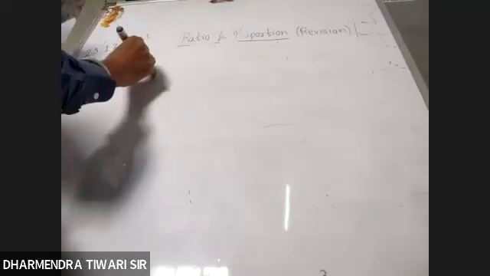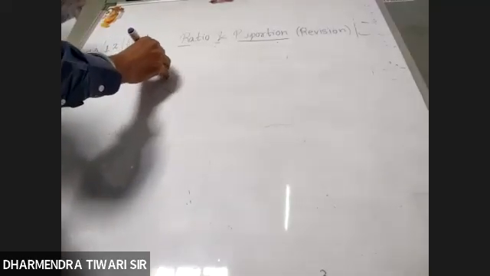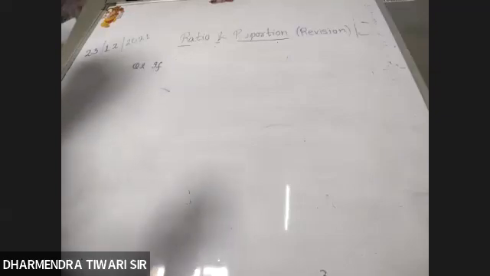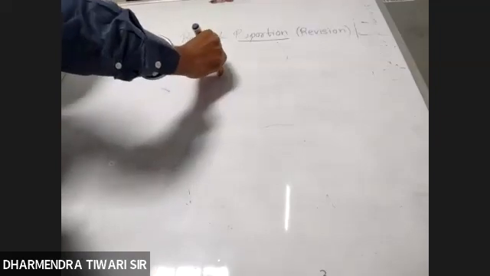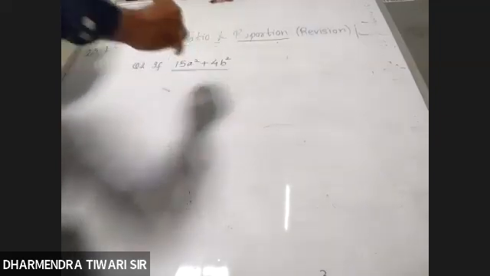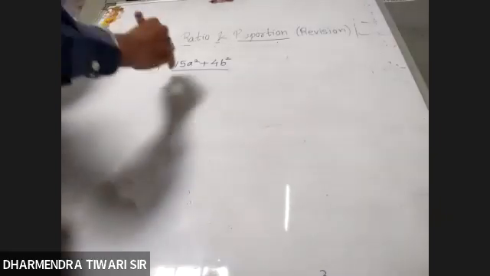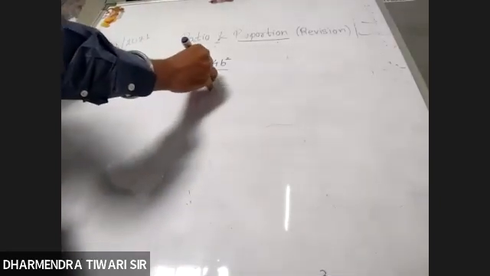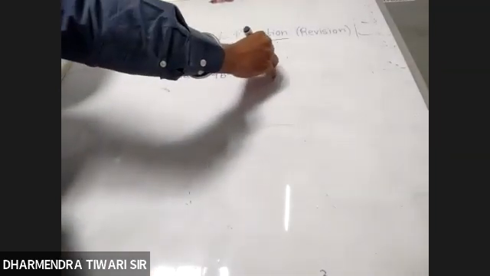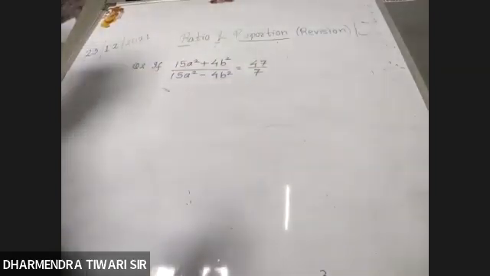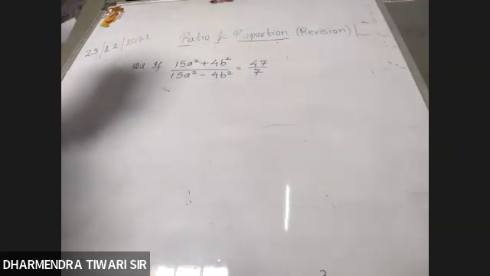If 15a square plus 4b square upon 15a square minus 4b square is equal to 47 upon 7, then they are asking us to find the value of a by b. It's a bit interesting because finding the values of different ratios if a by b is given is very easy.